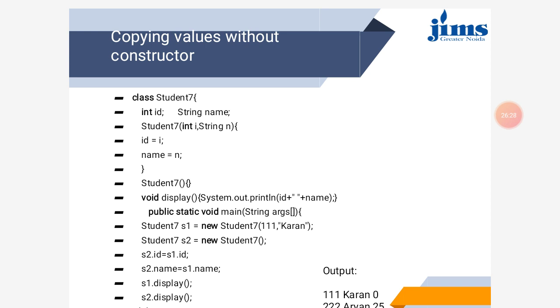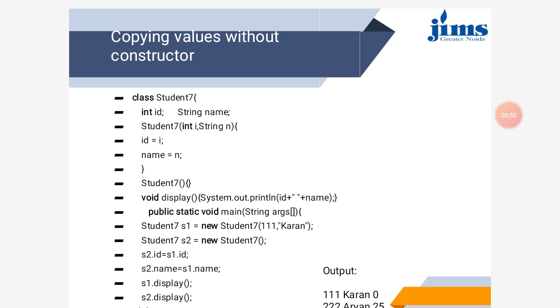We are simply writing s2 dot its instance variable equal to the already created instance, that is s1, and its value. So whatever value object s1 contains in its variables will help in initializing the instance variables of the s2 object.